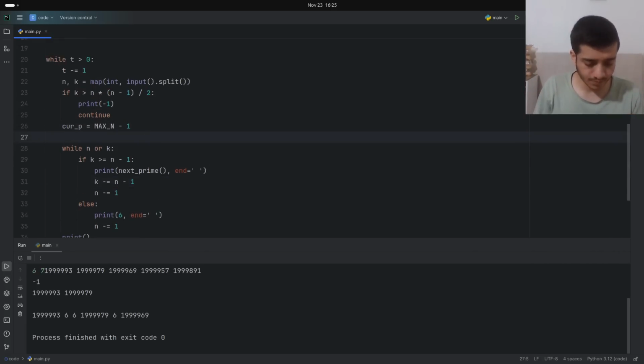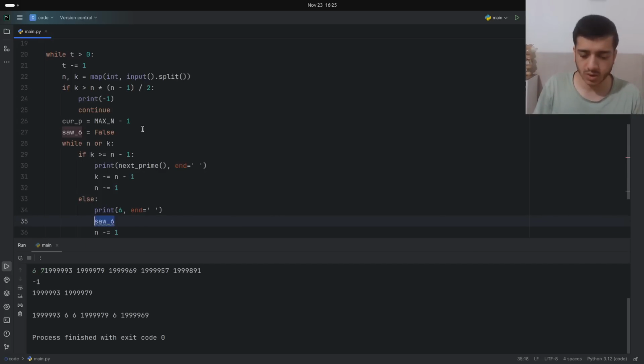So the 6 is false. So state -1, then switch state to 2.